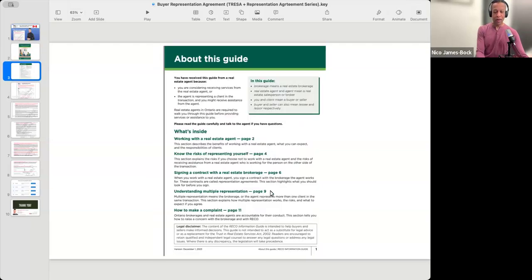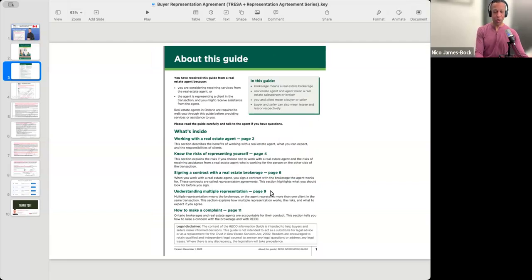There are several sections to the guide. Before TRESA, the working with a realtor was just a pamphlet, a 1 or 2 page document that explained agency. The RECO Information Guide is 11 pages long.